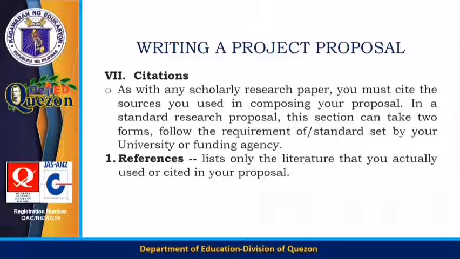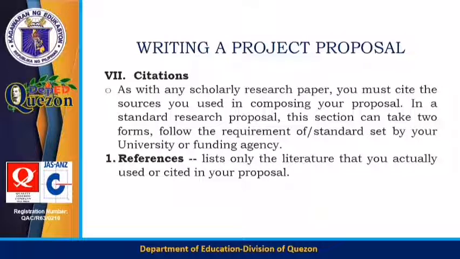And there are 2 ways of doing it. One of which is the parenthetical citation, like author, comma, year of publication, then you may also include the page. So this is greatly dependent on the policy of the university or policy of the institution where you will be submitting your research project proposal.